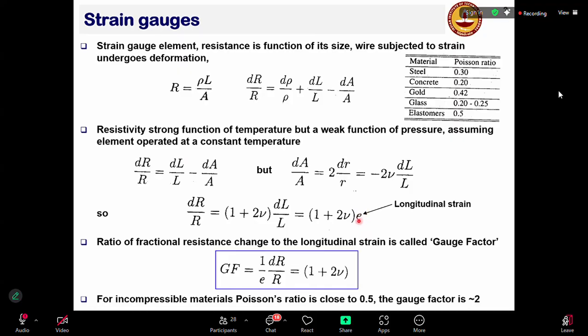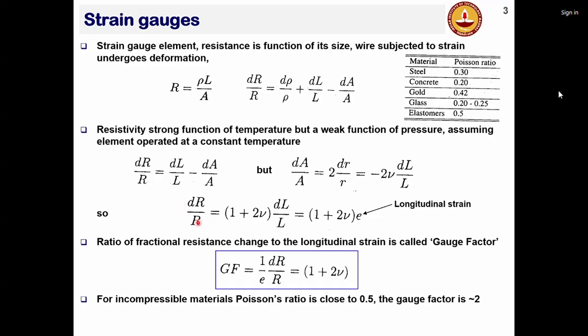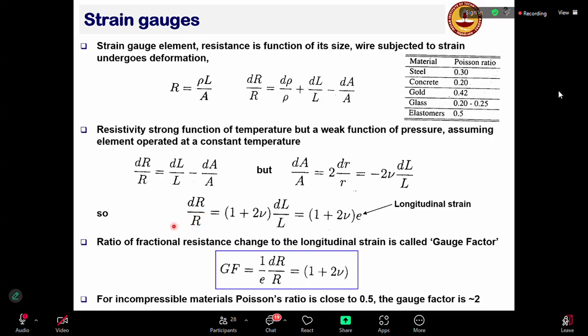So knowing the longitudinal strain and the Poisson's ratio, you can find dR over R. Okay, so you define something called gauge factor. What is gauge factor? Gauge factor is the ratio of the fractional resistance change, that is dR to the original resistance, divided by the longitudinal strain.